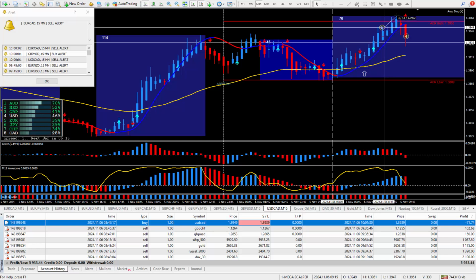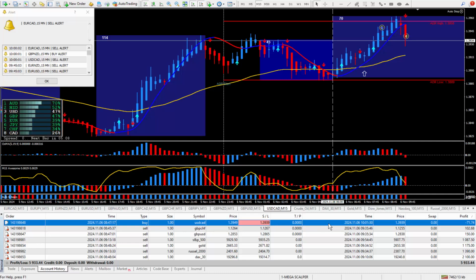Could have made 12 or 13 pips, but it looks like I lost 9 pips. So that's a negative 9 pips, and that's why you see a negative $71. And obviously getting in at either this arrow or this arrow would have been a much better plan.